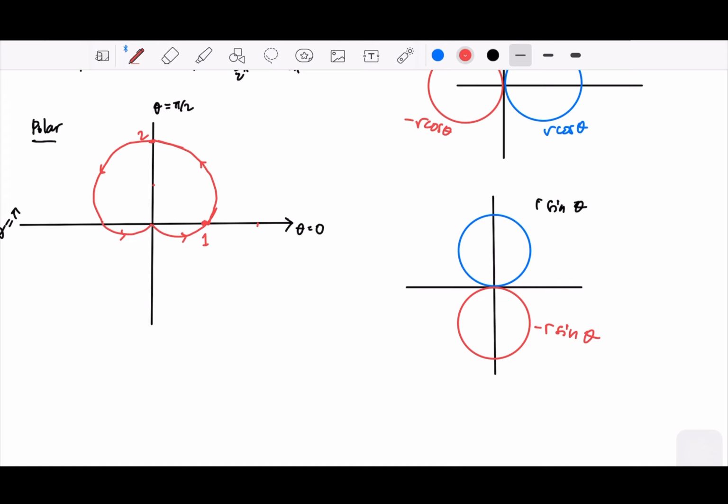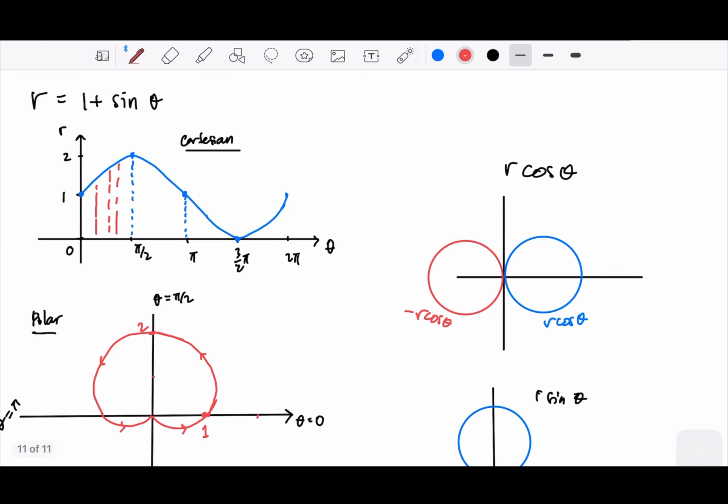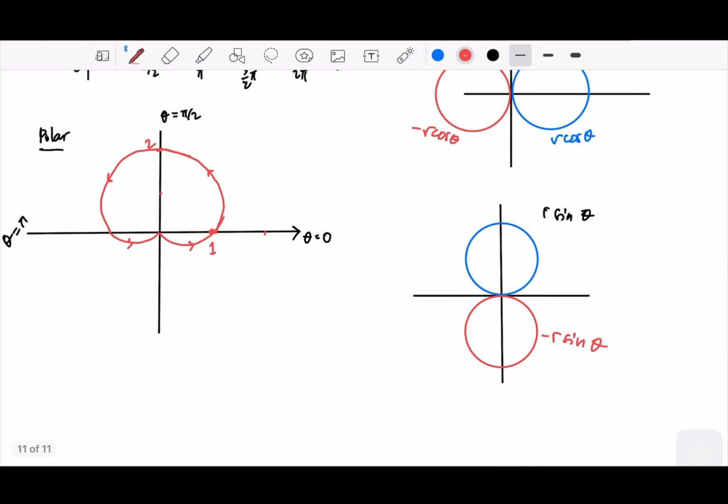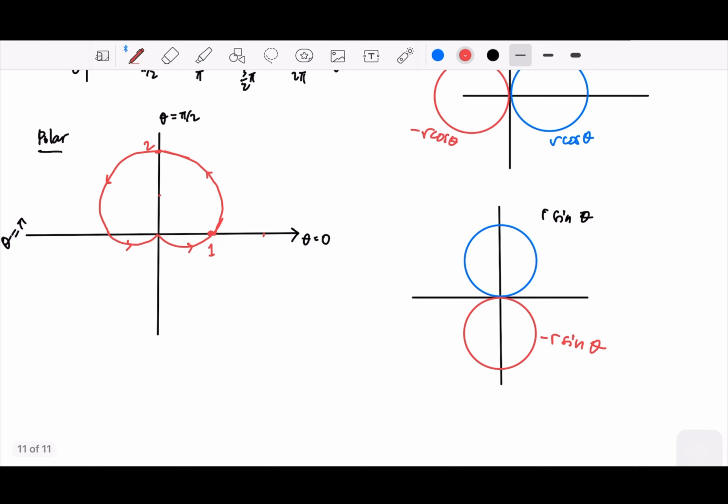Okay, now look at our cardioid. This is 1 plus, right? 1 plus sine. The sine itself here is positive. Look here. It's a little bit at the top. So what happens when you have 1 minus? Should be here.